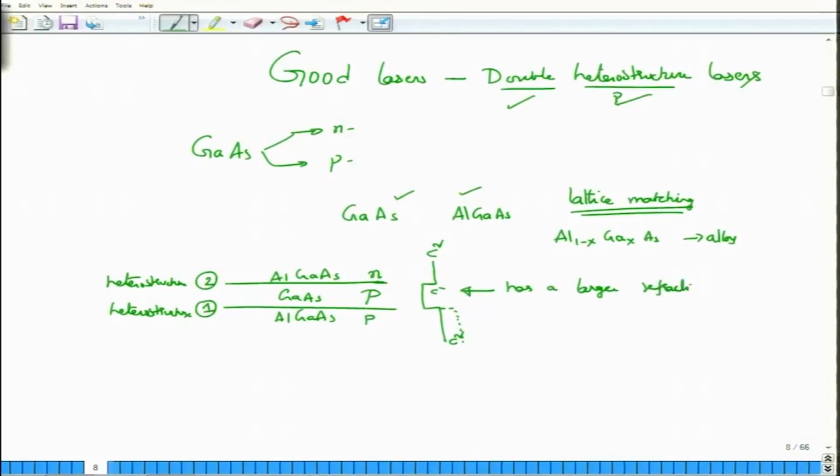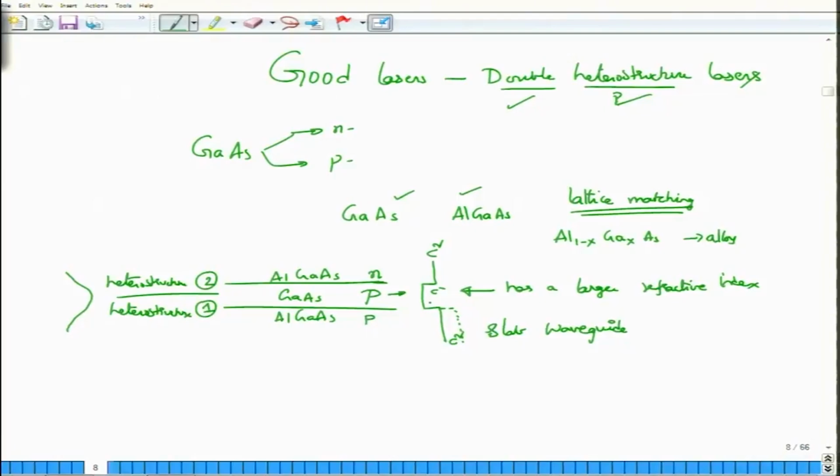What is the implication of having a larger refractive index? The implication is very obvious: you can put a mode into the central region. This corresponds to a nice slab waveguide and can support an optical mode which would then propagate along this active layer.